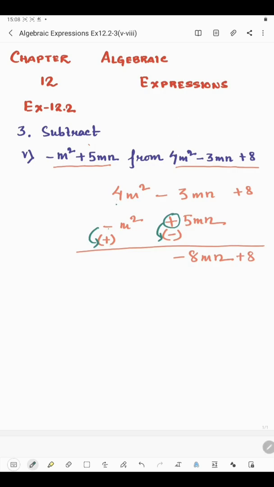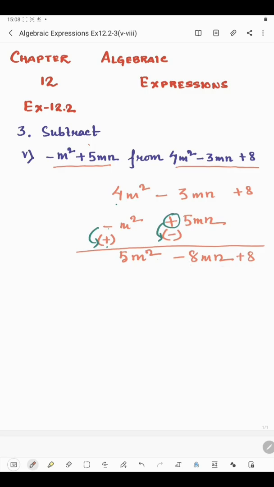So plus 4 and plus 1 will be 5, so it will be 5m square. And the sign is plus, 4 is having a positive sign, and this m square has also become positive now. Since both terms have plus sign, here it will be plus. So the answer of the fifth part will be 5m square minus 8mn plus 8.